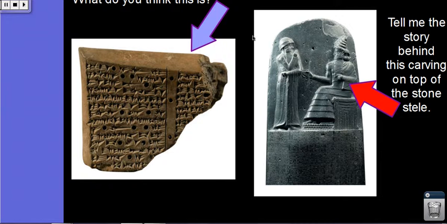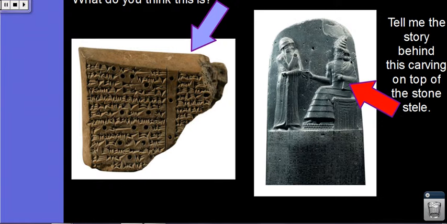Now hopefully you remember the story about this picture that is carved on top of the stone stela. Remember, a lot of people believe that this is Hammurabi passing down a sentence upon someone who's committed a crime. That's not the case at all, or at least that's not what historians believe it to be.